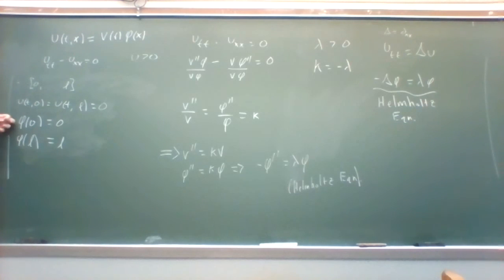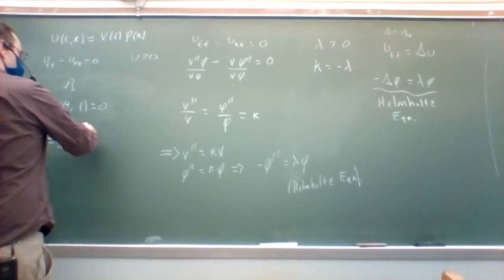So it's standard to write this initial condition in terms of the space variable or space function only when you're separating the variables. And so then you've got this set of initial conditions with this equation.